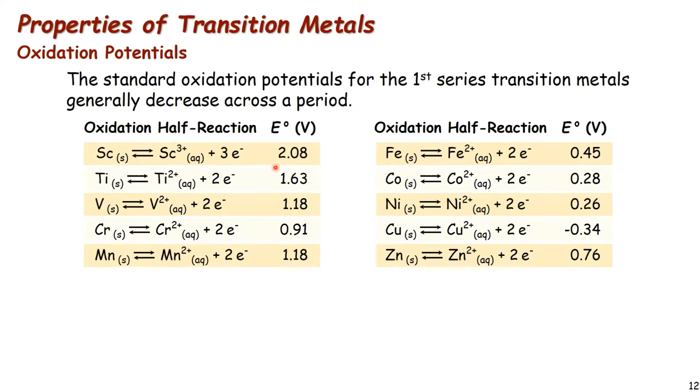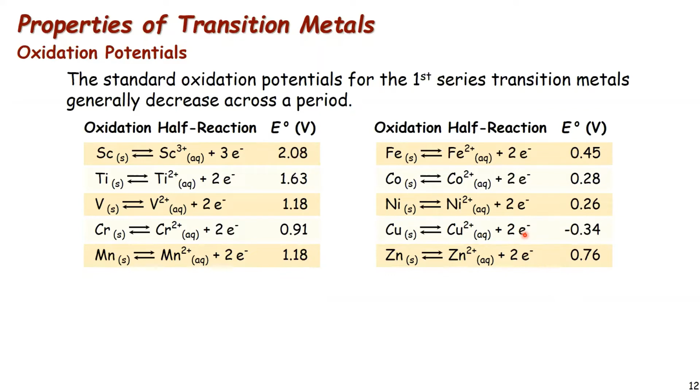And you can see that as we move further, it gets harder and harder to lose those electrons. We've seen that with the ionization energies, right? So if it's harder and harder to lose those electrons, we expect the oxidation potential to drop as we move from left to right across the periodic table. And then again, we have this one oddity here, copper, which actually has a negative oxidation potential. So it really doesn't like to give up those two electrons.